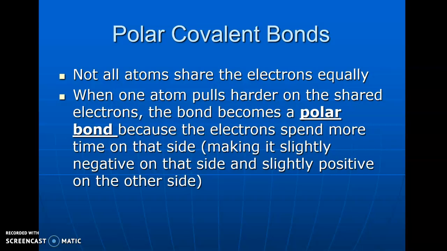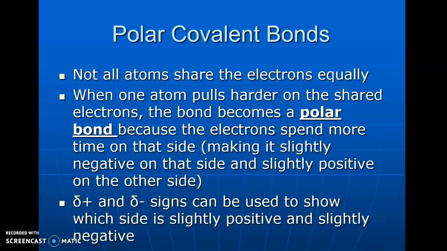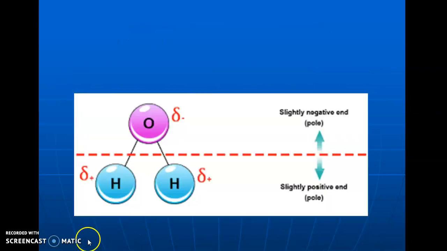That makes it slightly negative on that side of the molecule and leaves the other side of the molecule slightly positive. We can use little symbols called delta symbols, the Greek letter delta, with a positive or a delta with a negative to show which sides are slightly positive and slightly negative, because the Greek letter delta means partial.